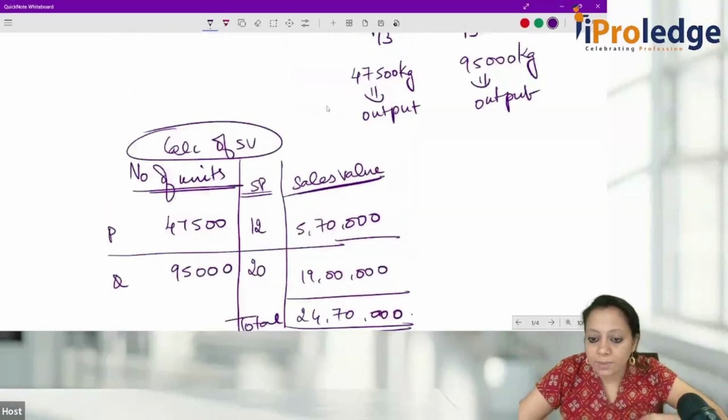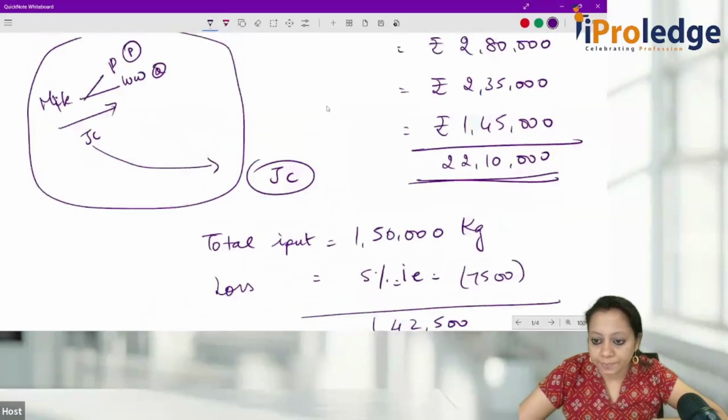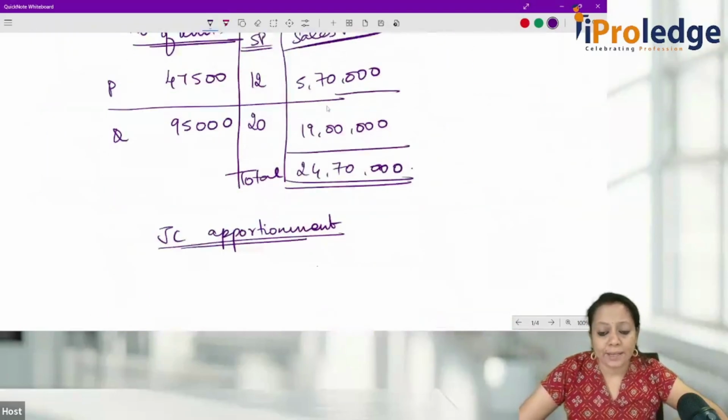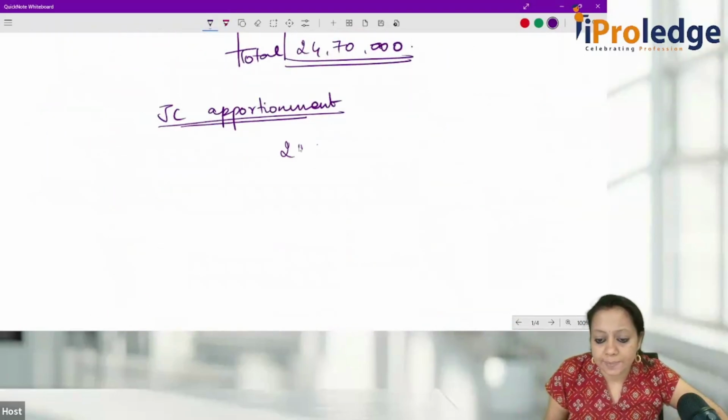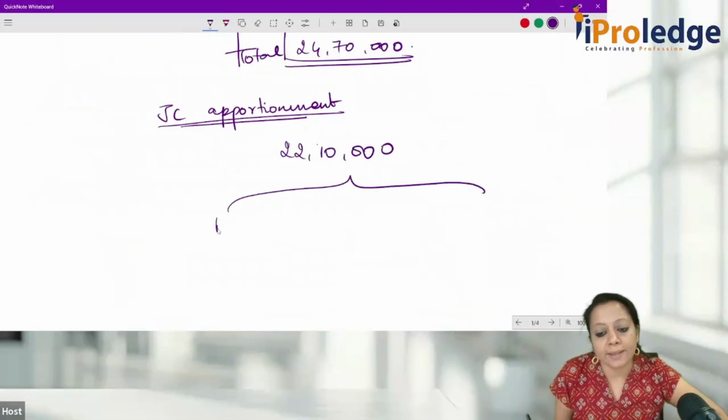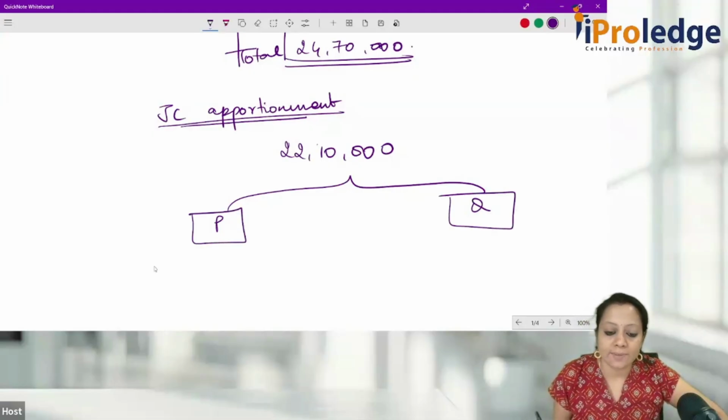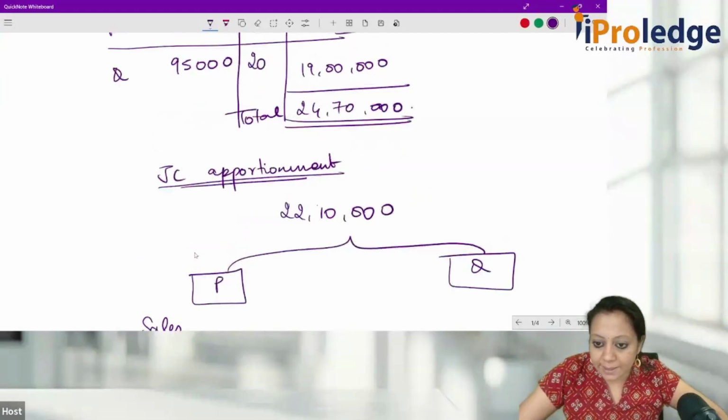22 lakh 10,000, that was the joint cost. So 22 lakh 10,000 should be apportioned to the products P and Q. It is based on sales value. So sales value, once again, I will simply write here.